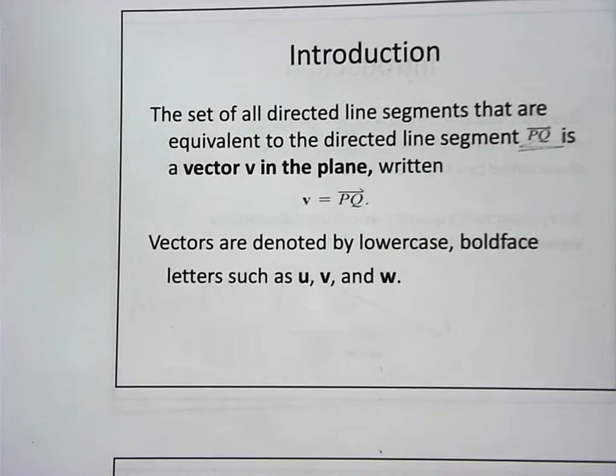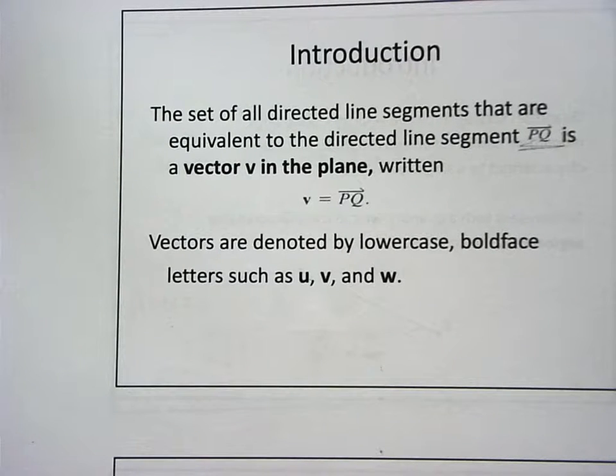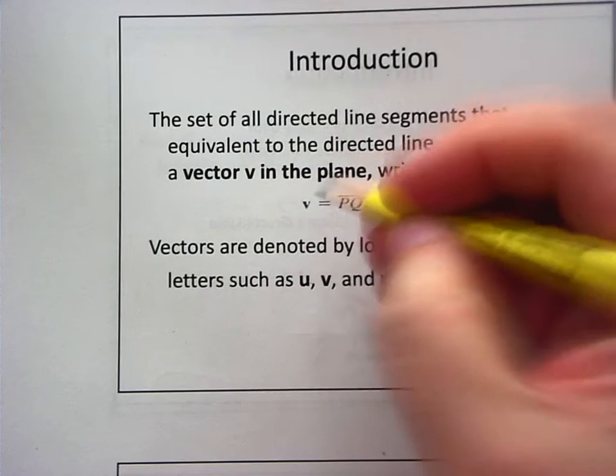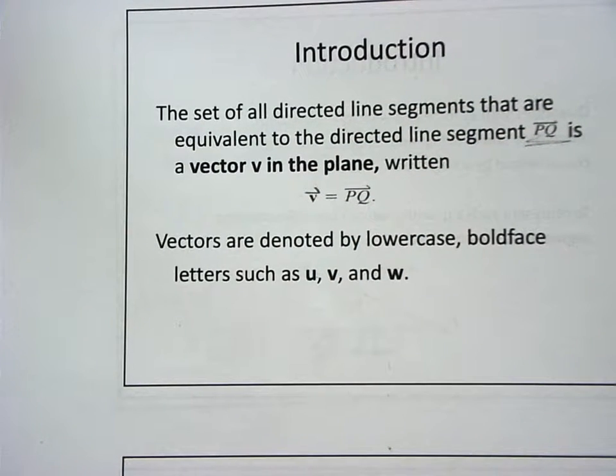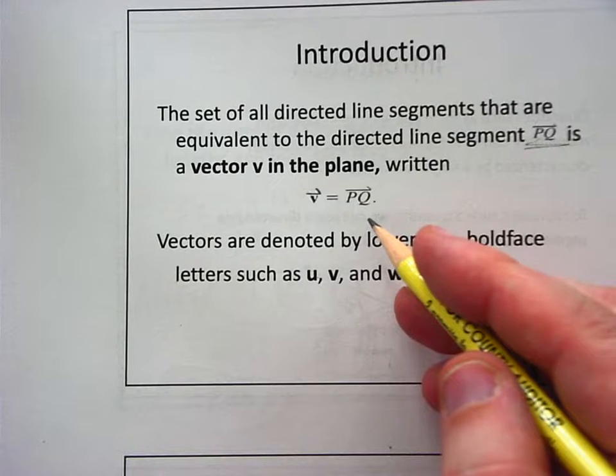Now, the book will do this as a bold v. It becomes a massive hassle to try to write a bold letter on all your homework and all the tests. So when you're handwriting it, they'll put an arrow over that as well. So if you have a single lowercase letter with that kind of half arrow over it, that means it's that vector that no matter where you put it is equivalent to PQ.